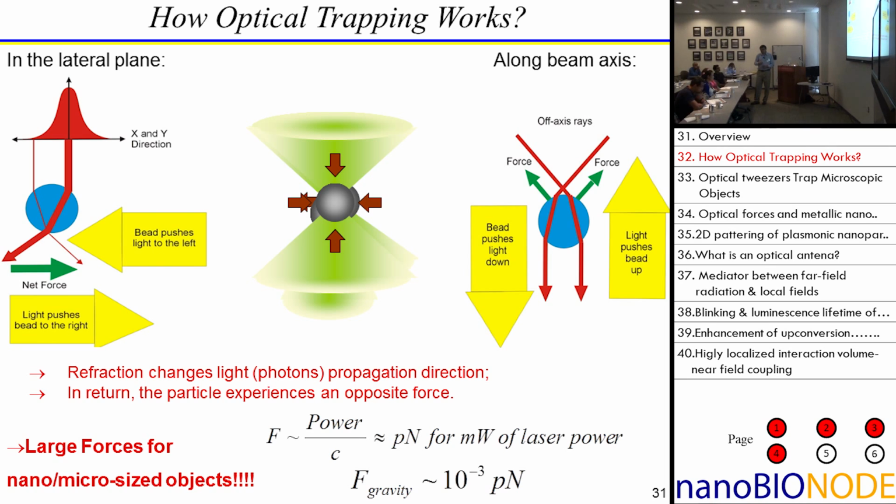And so what this means is that since you changed light propagation, then the light pushes us back, and as a result, we have it being pushed to the center of the beam, of the rays of light, because in that case, light just can propagate straight through without changing its propagation direction.